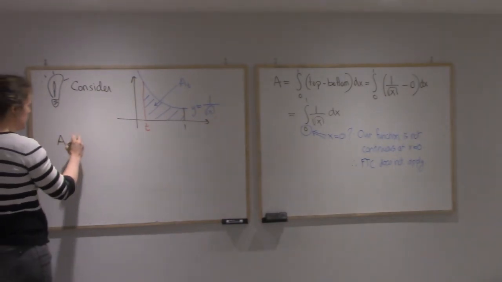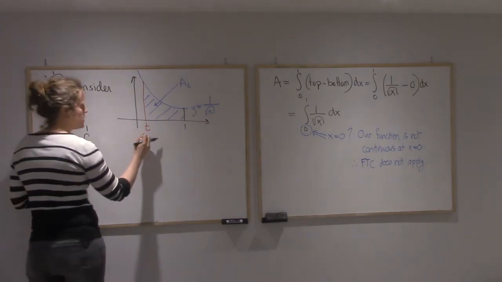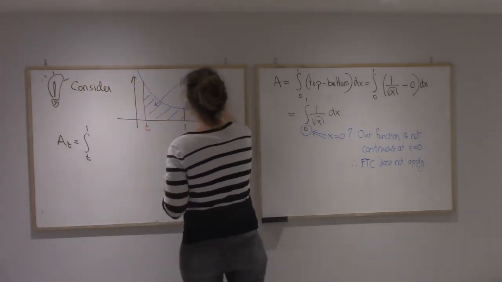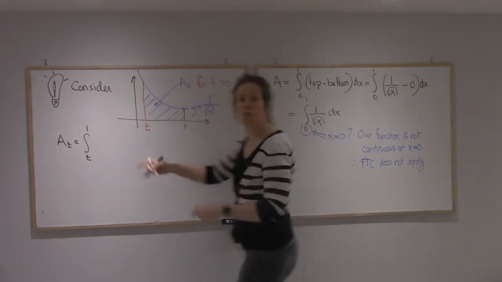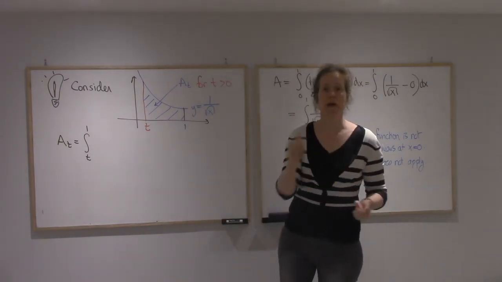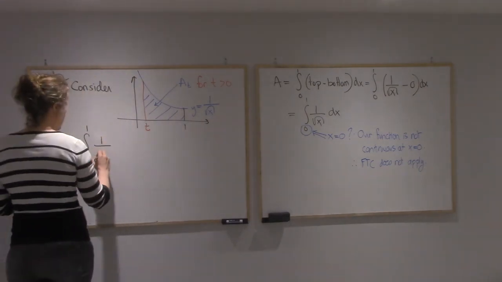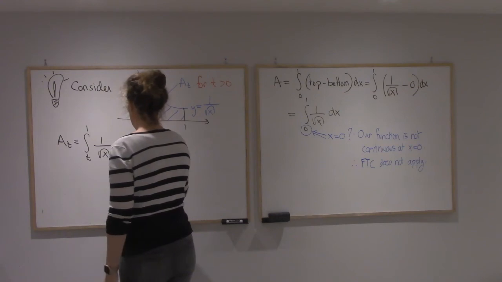So AT is the integral from t to 1. And notice that t is bigger than 0 here. So from t to 1, I don't have any issue. My function is continuous. I could graph it without lifting my marker. So I will be allowed to use FTC.